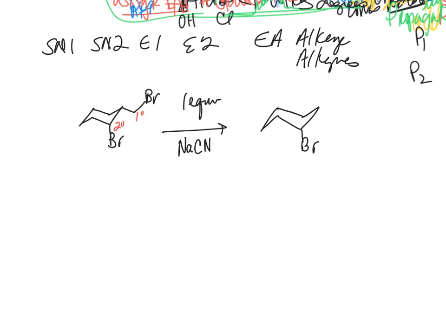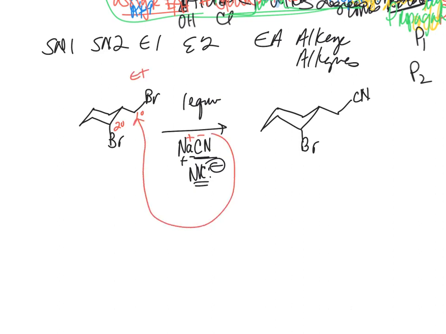So the primary will react faster. So this is your nucleophile. You also have to know how to draw your reaction electron flow arrows. It's going to come after your electrophile, and the bromine is your leaving group. And this is your new molecule. That would be an SN2, backside attack.